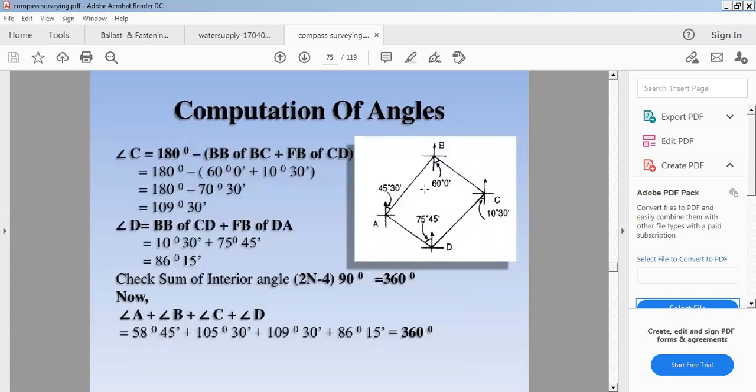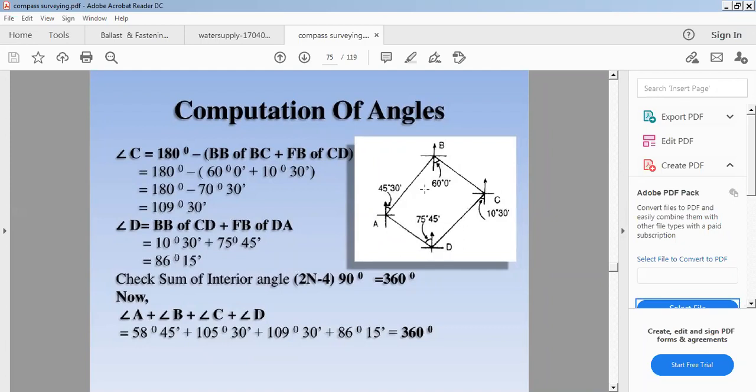There is a check sum of interior angles: 2n minus 4 right angles, where n is the number of sides. Whatever interior angles you have calculated, the sum of these angles should be equal to 2n minus 4 right angles. This is a check.